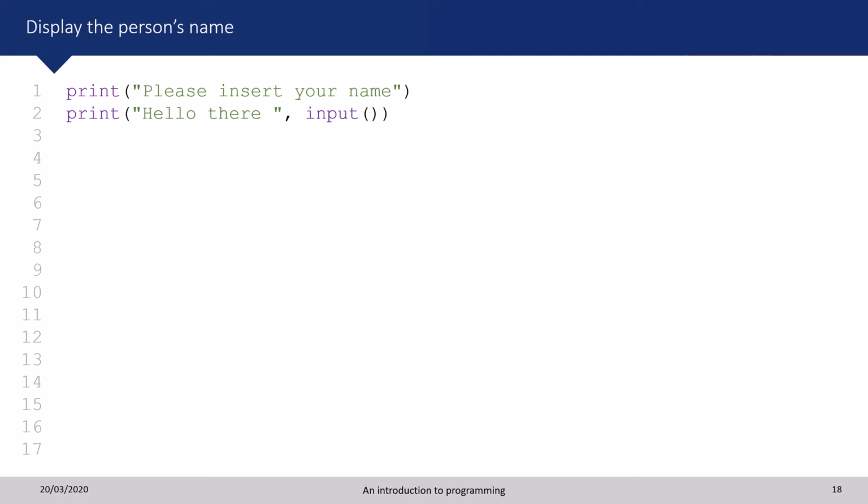Then we are printing hello there, and then we are going to join it, or concatenate it, onto the input from the user. Note the brackets. After the word input, we've got an opening and closing bracket, and then at the end of the print. Whenever there is an opening bracket, there should always be a closing bracket.